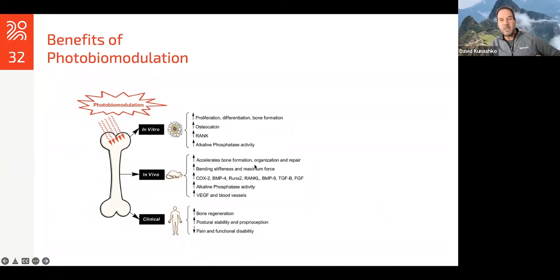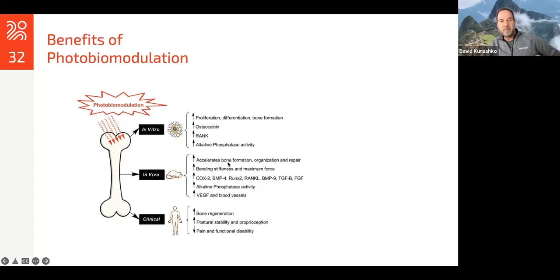How does photobiomodulation affect the bone cells? Well, the research, mainly in vivo and some animal model studies, has shown there's proliferation and differentiation of bone formation. It increases that, increases osteocalcin, a hormone, and other activities.